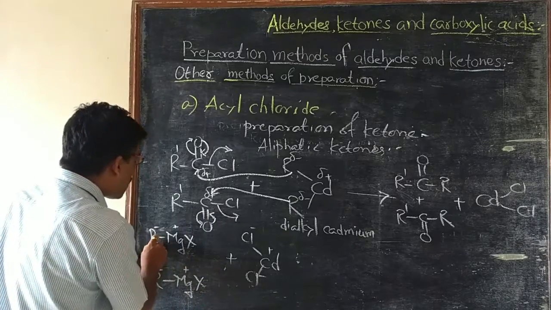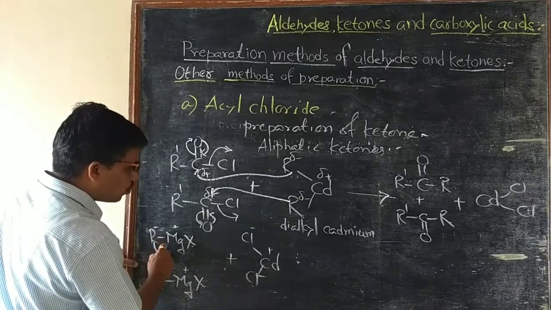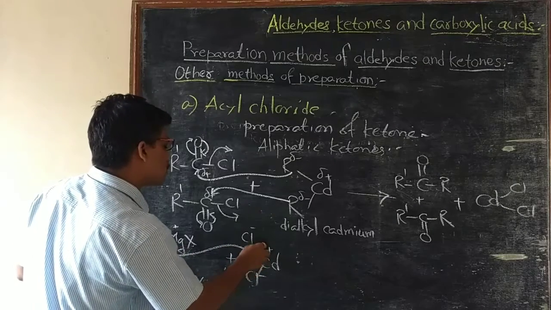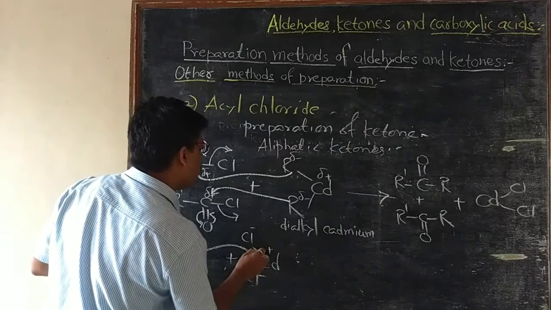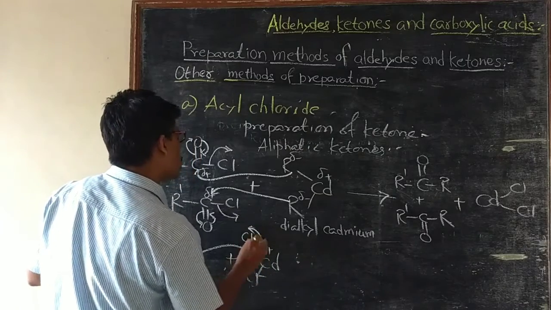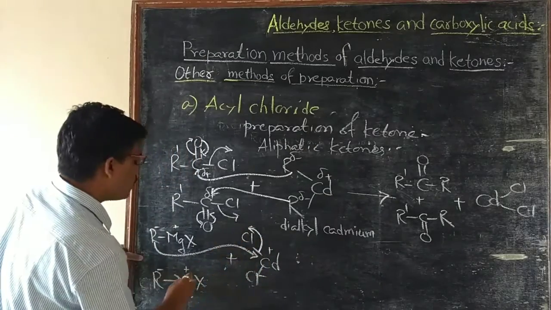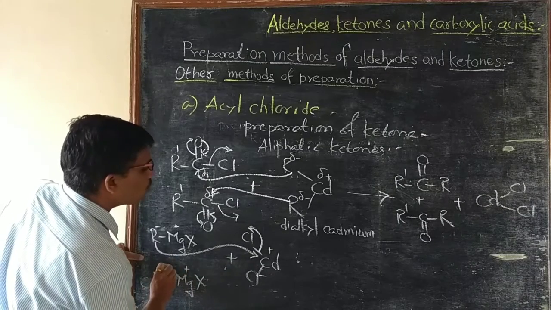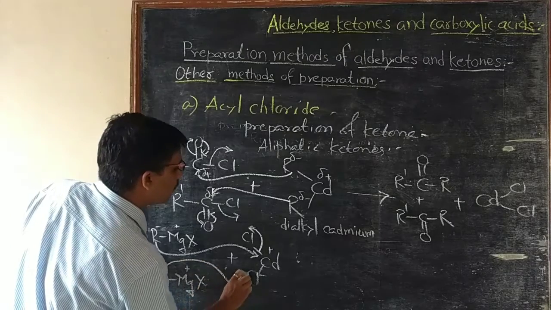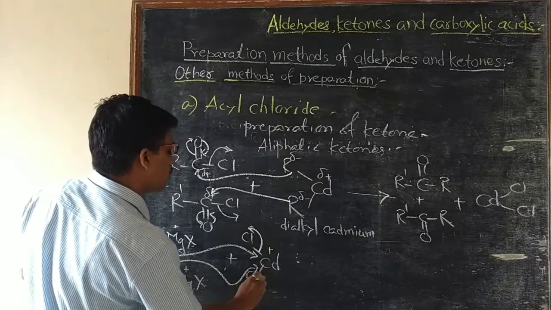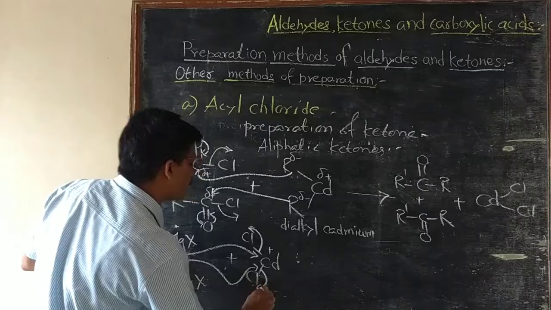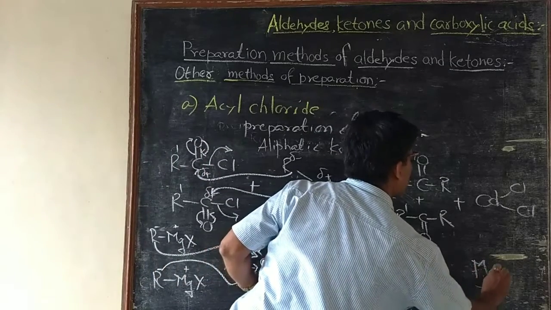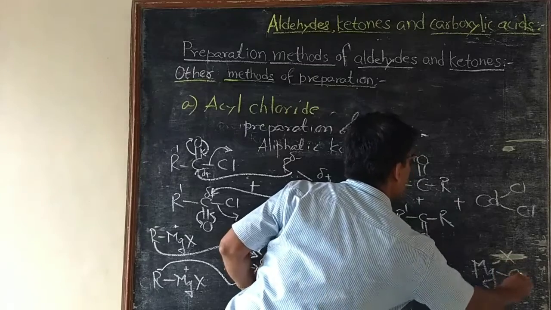This alkyl group approaches the cadmium, and the Cl with its electron pair goes away. In this case also the alkyl group, that is a carbanion, goes to the cadmium, and the Cl goes away with its electron pair and forms MgXCl.